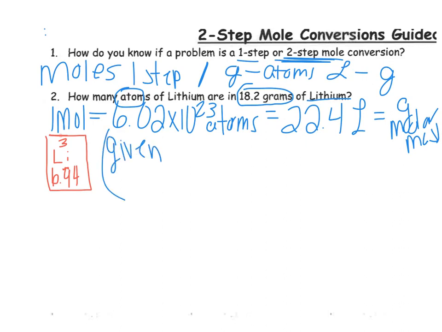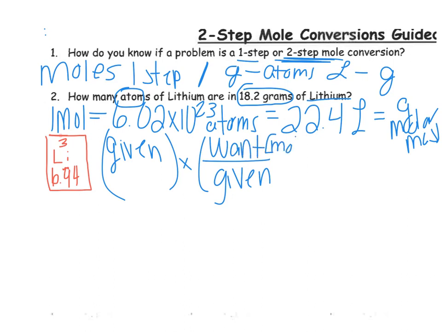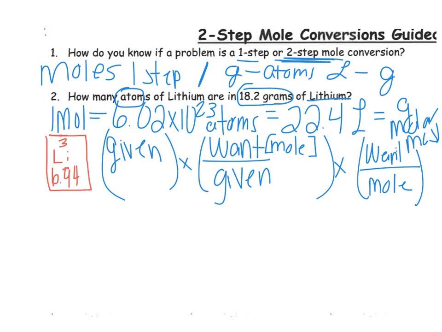What I'm given multiplied by my given units on the bottom and what I want on the top. And most of the time, I want to go to Mo Island first. And then over here, I will have my mole placeholder, and then what you really want goes right there.